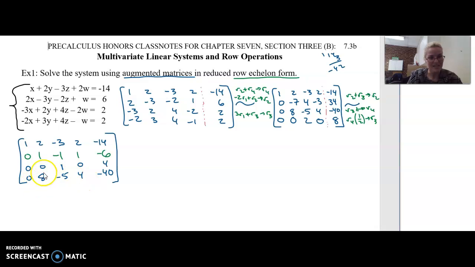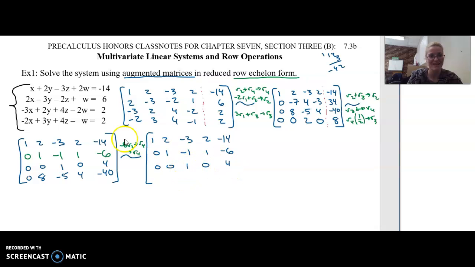And now, again, I want to get a 0 here, and then I want to get a 0 there eventually. So to get a 0 here, I'm going to take my row 2 and multiply it by negative 8. So negative 8 row 2 plus row 4, and I'm going to put that back into row 4. So again, keeping everything else the same, being very careful I don't make copying errors. 0, 1, negative 1, 1, negative 6, 0, 0, 1, 0, 4.